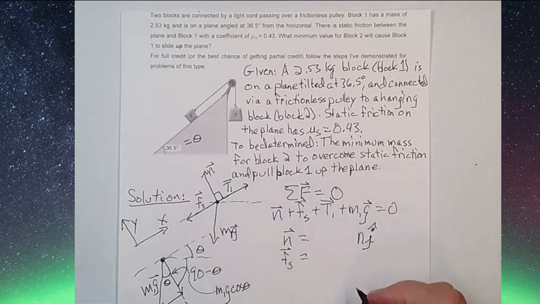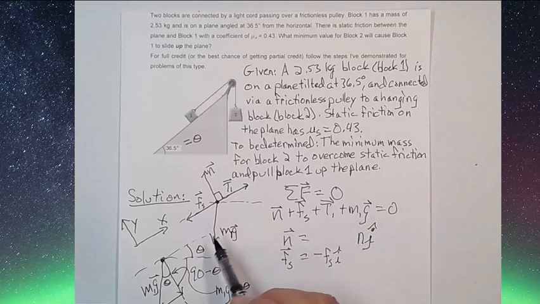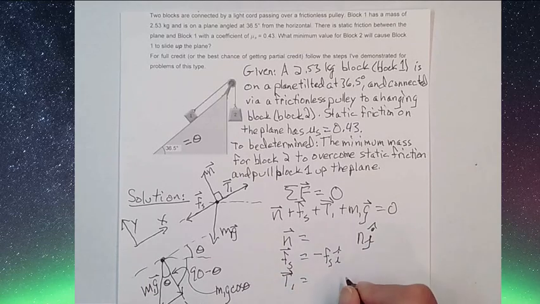It's in the minus x direction, so I'd call it minus F sub s I hat. Anyway, minus F sub s in the I hat direction. The T, tension, is in the positive I hat direction, so it'll be T in the I hat direction.